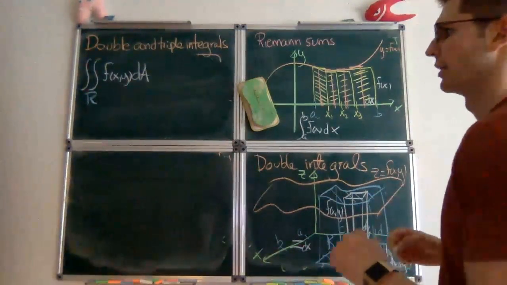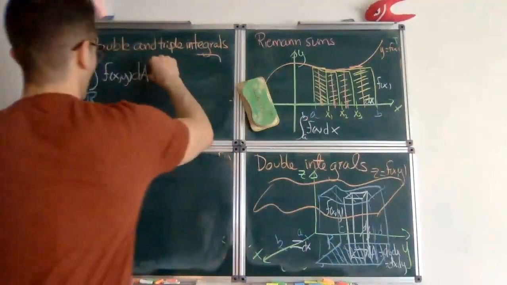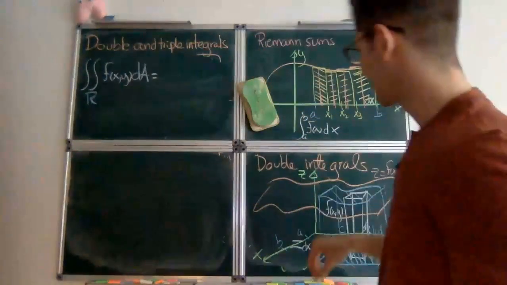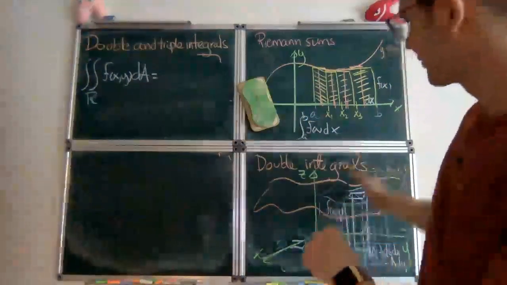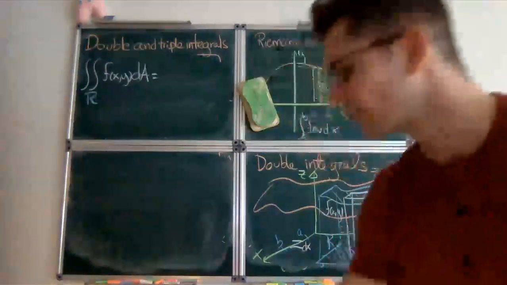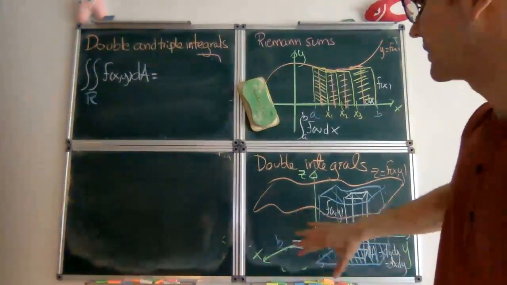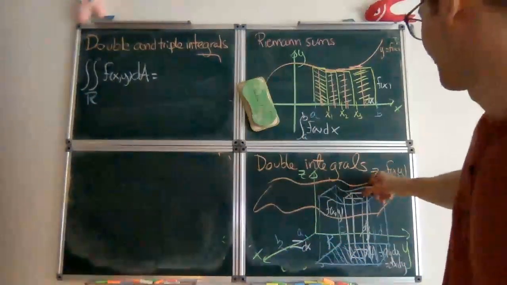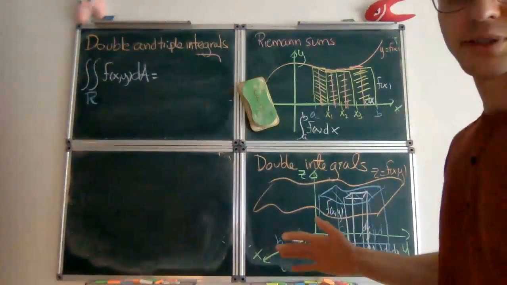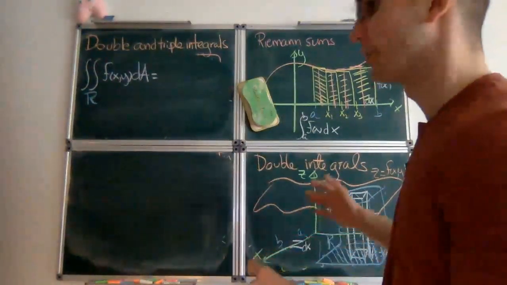But this means, again, you should think about it as volume, although sometimes the surface may go below the floor, right? And when that happens, which is when the function becomes negative, you want to consider this volume as negative.